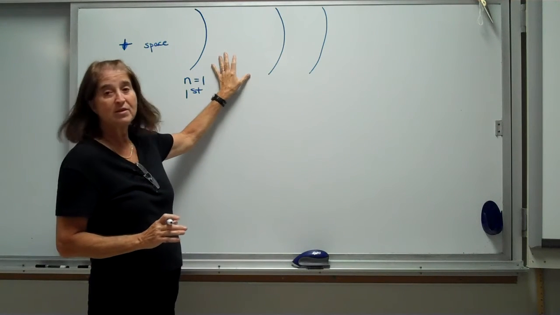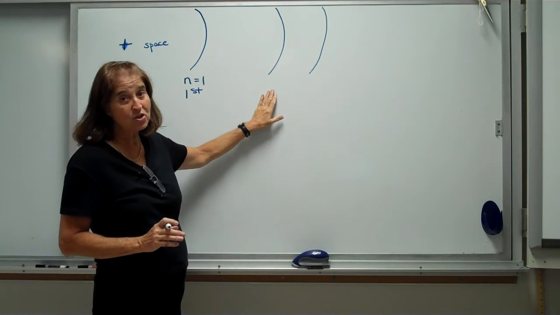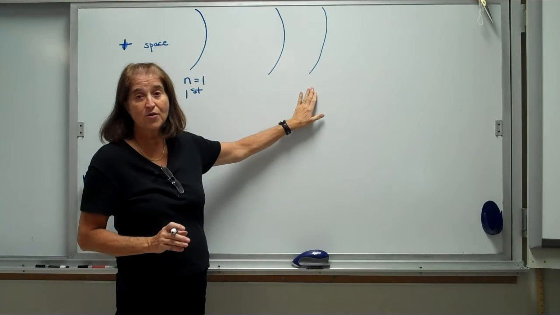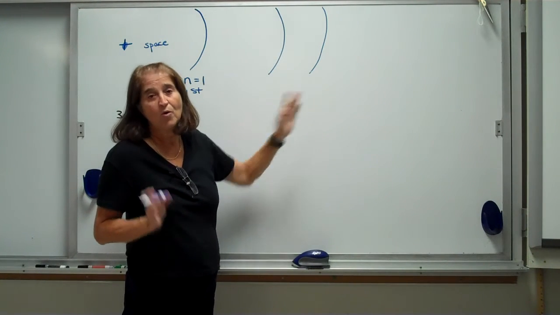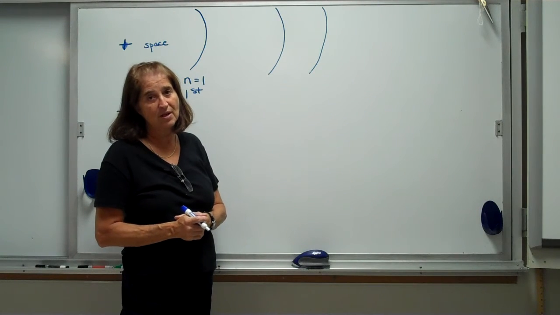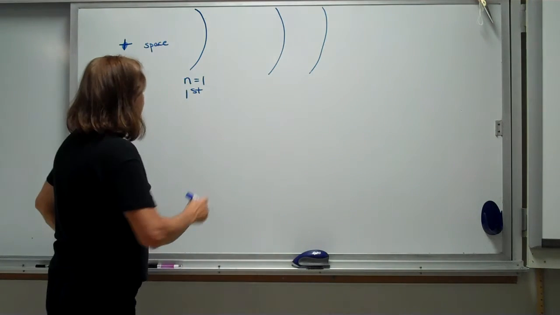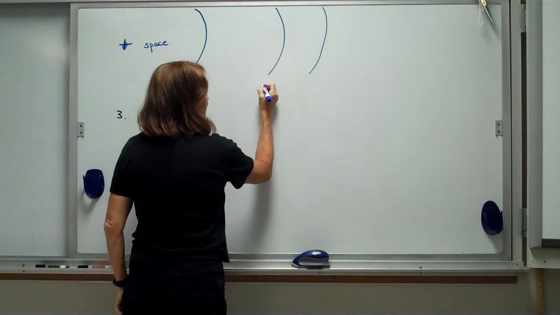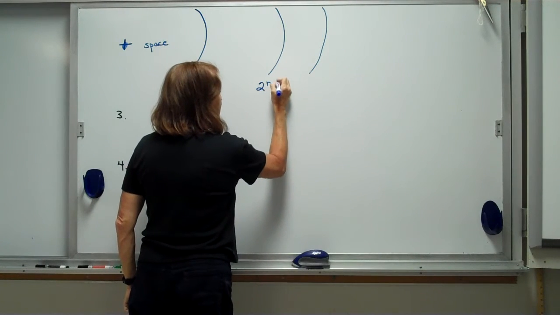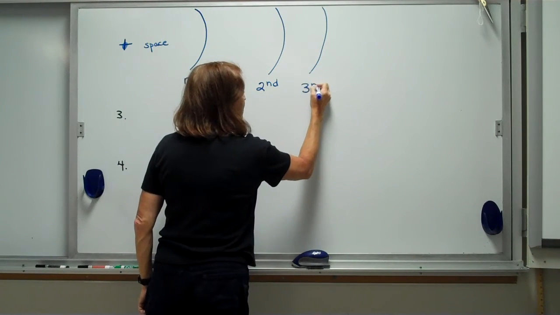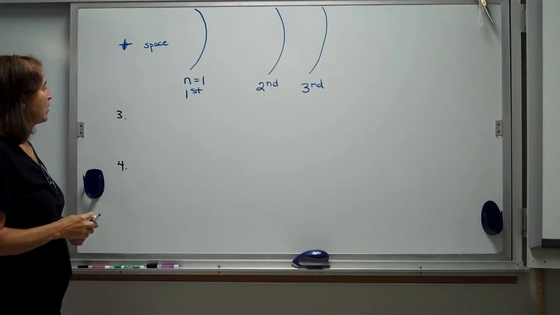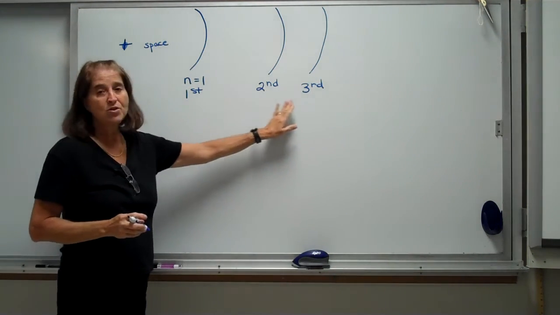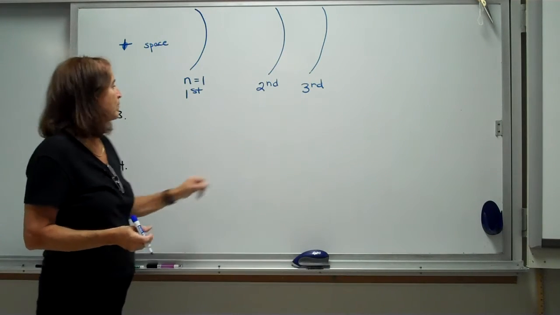There's a lot more distance between the first and the second energy level, between the second and the third, even less distance between the third and the fourth. We're going to focus on the first 3 energy levels right now. So that's our first energy level, this is our second energy level, here is our third energy level. So n can equal 1, 2, or 3.